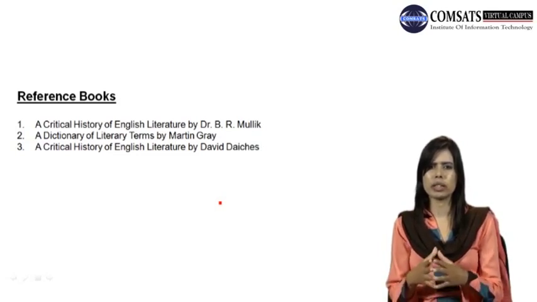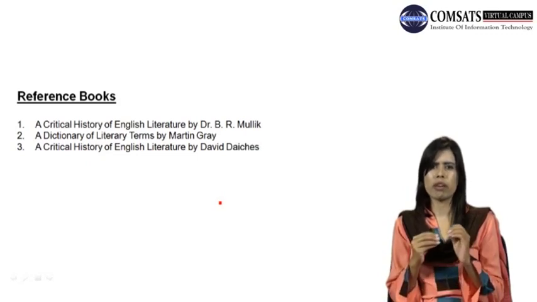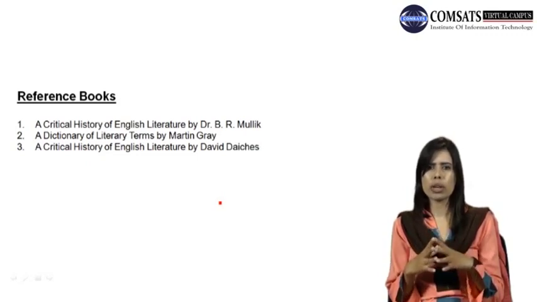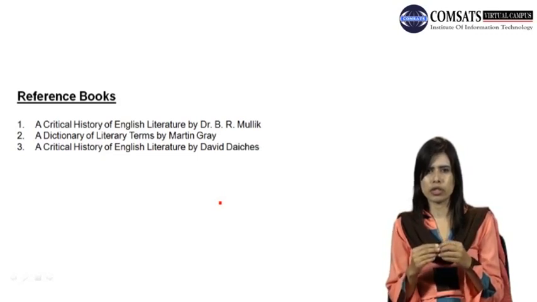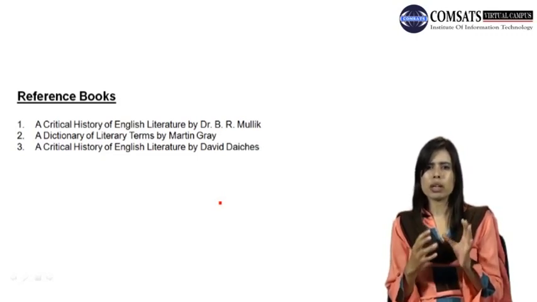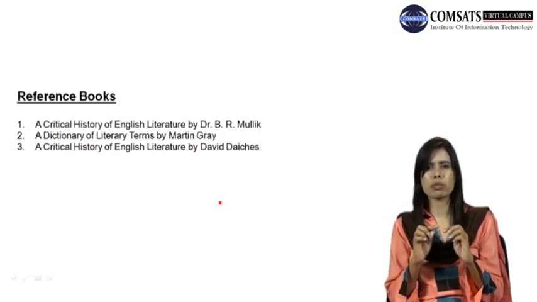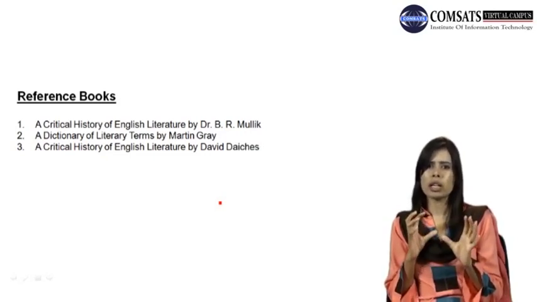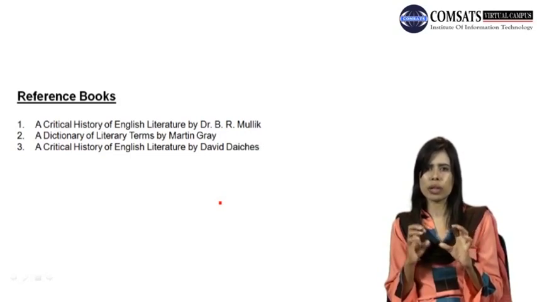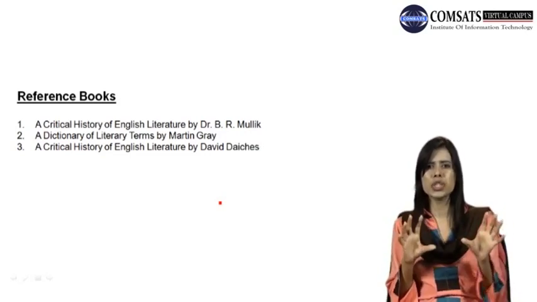So basically Anglo-Saxon literature has a very long history in the entire history of English literature. It started when the Angles and Saxons, the names of two tribes, conquered England and ruled over there for many years.